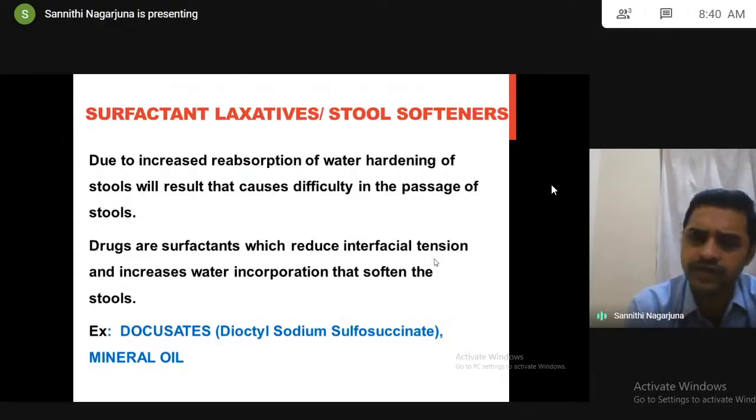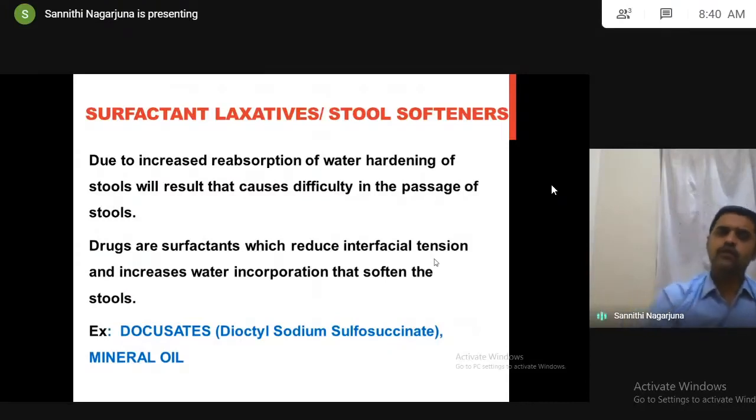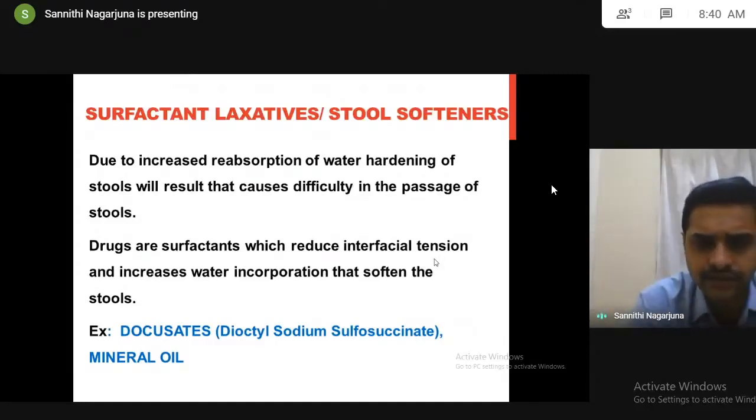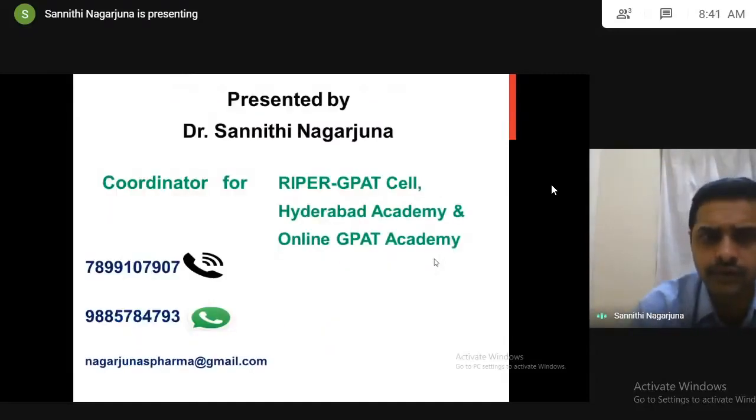As you know, if you reduce the interfacial tension between miscible and immiscible things, the water incorporation increases. Due to the incorporation of water, they soften the stools. That's why they are called stool softeners. They have a surfactant mechanism, and the example is docusate, whose full form is dioctyl sodium sulfosuccinate, an anionic surfactant, and we also use mineral oils.